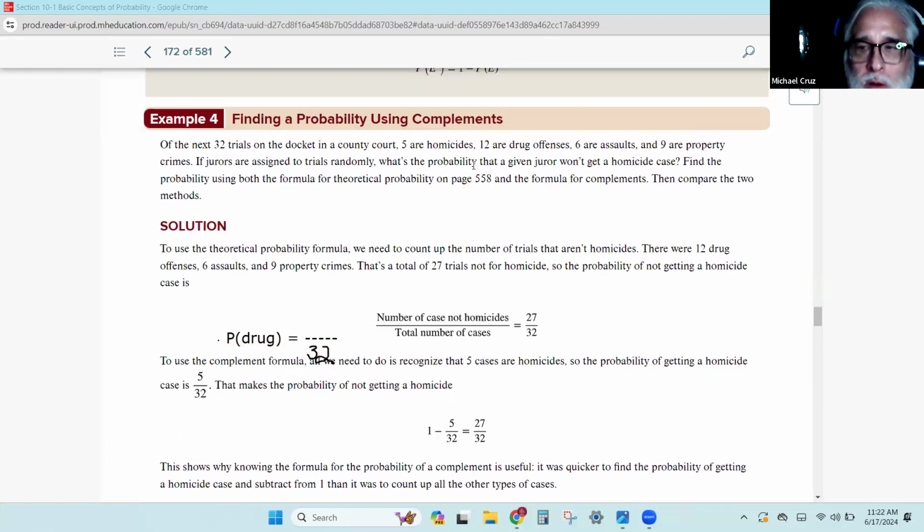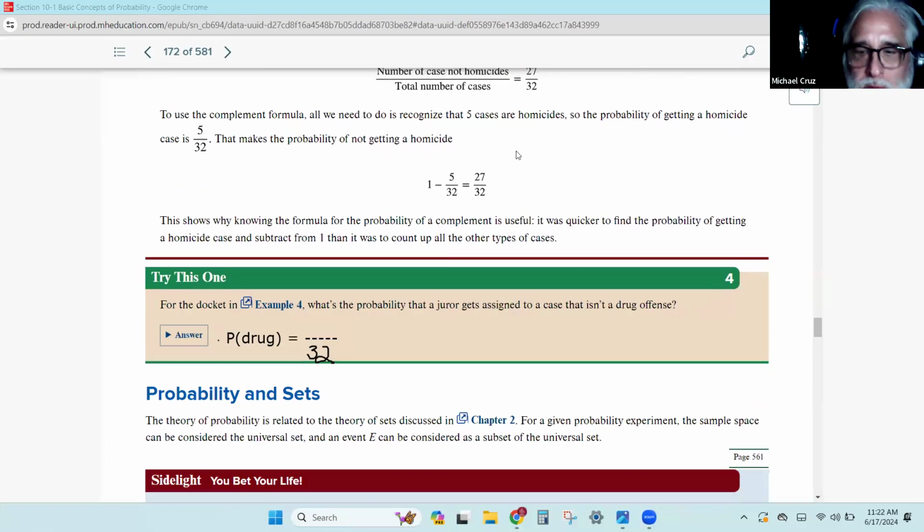So 32 total, 12 drug offenses. So we can simplify it to 3/8. So there's the probability that we get a drug offense.